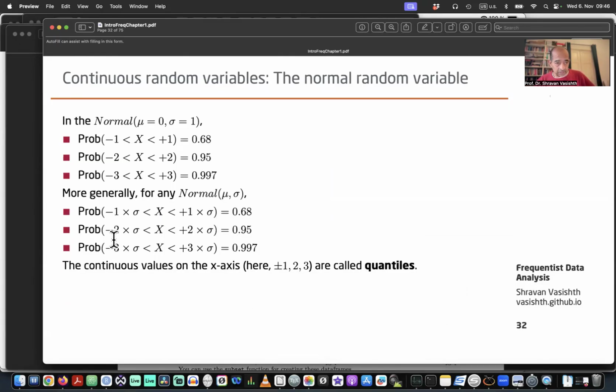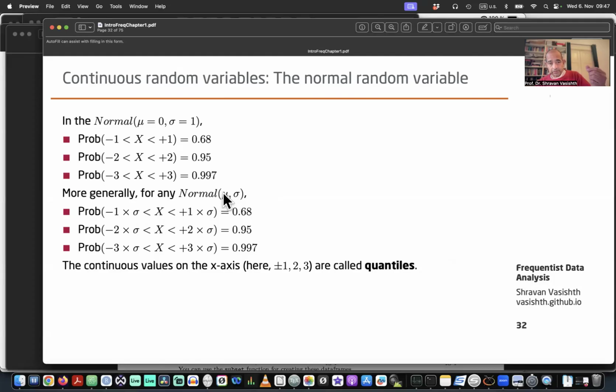So these values, these -1, +1, -2, +2, -3, +3, these will be called quantiles. Well, actually, let me correct myself here. Okay, so in the standard normal distribution, these -1, +1, -2, +2, -3, +3 will be called quantiles.